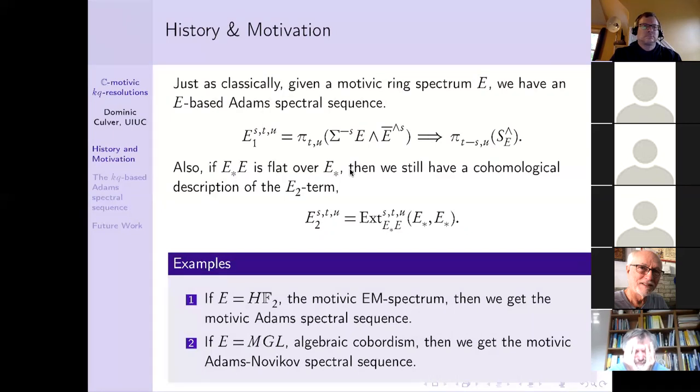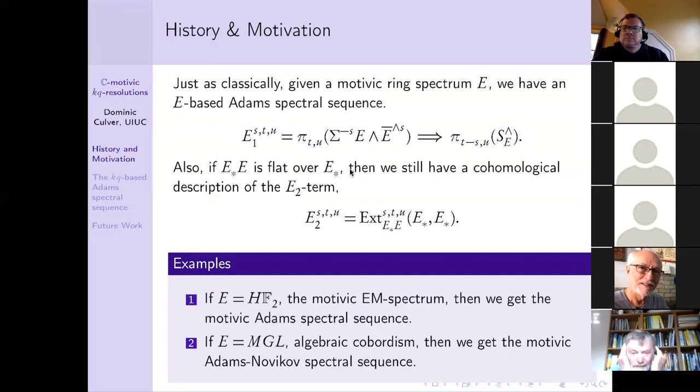So there are two notable examples that people have really studied a lot on the motivic side. That's when E is the motivic Eilenberg-MacLane spectrum, and this gives you what's called the motivic Adams spectral sequence. And then the other example that people have also looked a lot at is the case when E is algebraic cobordism, which is this motivic analog of complex cobordism.